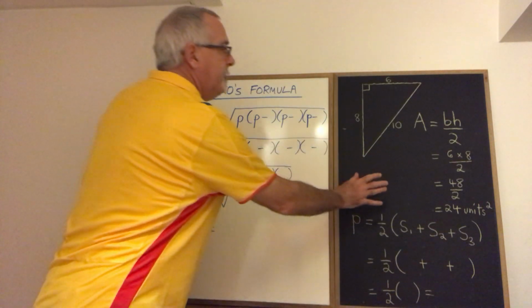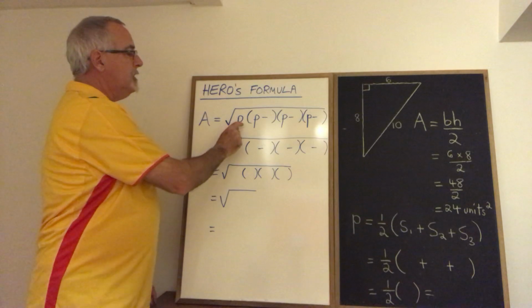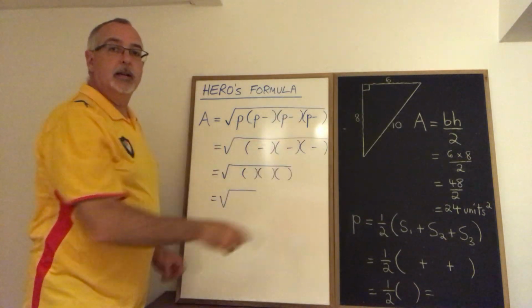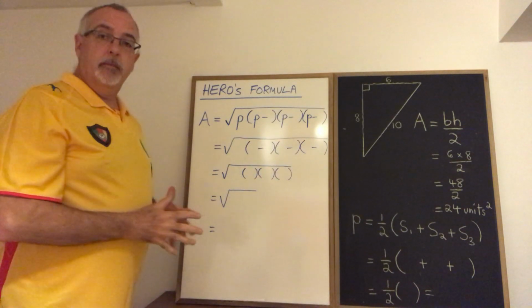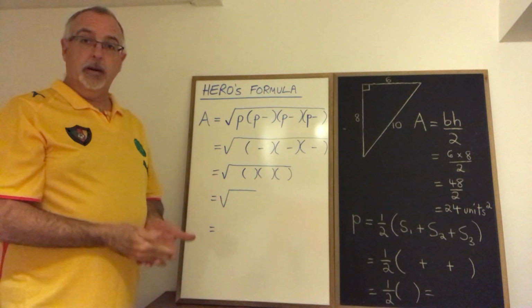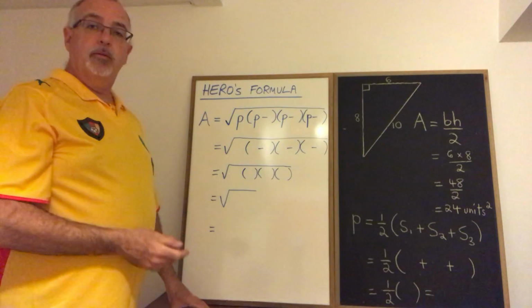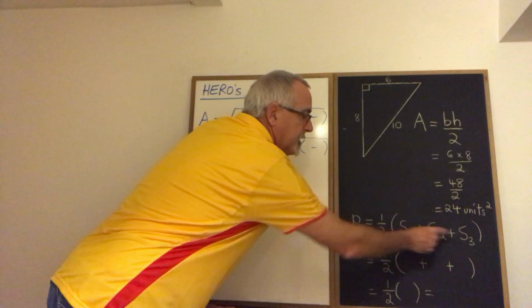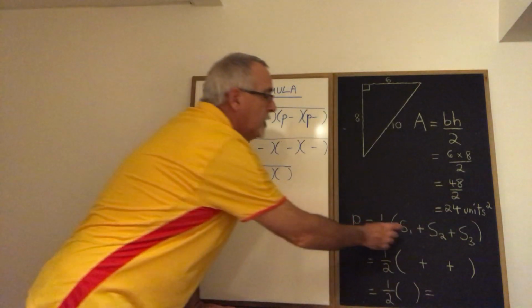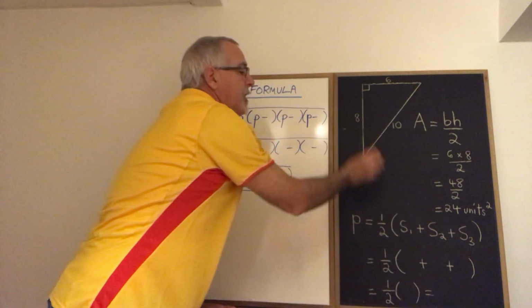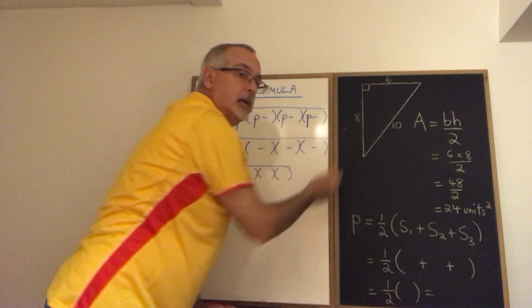So the first thing we have to do when we apply Hero's formula is we have to know what this lowercase p is. That is not the perimeter, which is usually designated with an uppercase P. It is half of the perimeter. And here's a little formula that shows how to find it. So S1, S2, and S3 are the three side lengths of the triangle.